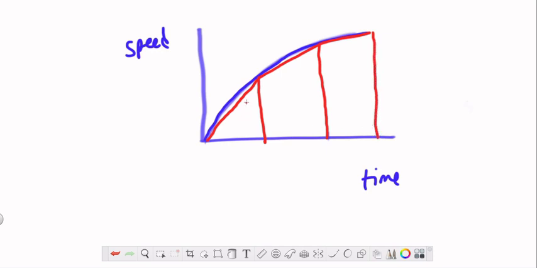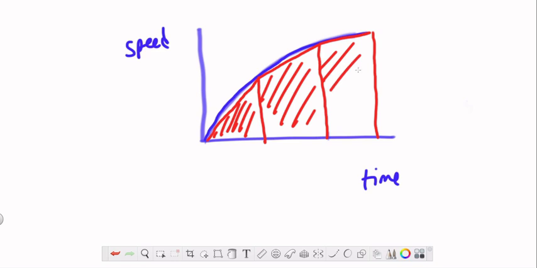Right. If I was asked if the area of the trapeziums, the area of the shape that I just made in red, all of this, is an underestimate or overestimate, the area of the red shapes is clearly an underestimate of the true area under the blue curve.